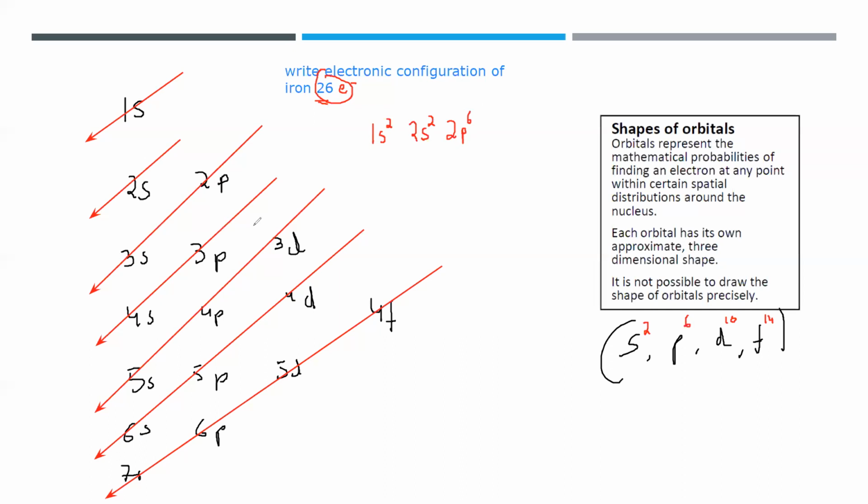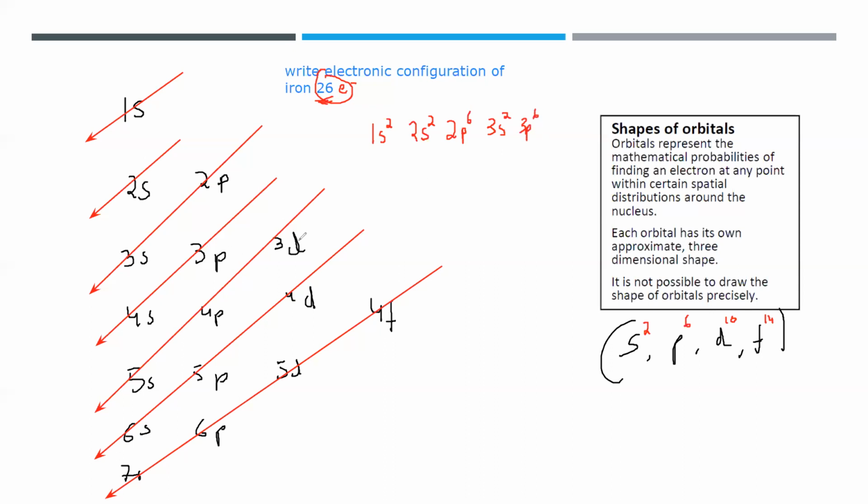Then after 2p it will go to 3s. How many electrons can it arrange? Maximum 2. So now the total is 12 electrons, but we have to arrange till 26. Then this arrow is finished. Then we start with 3p. Maximum it can hold 6. So we finish till 18.